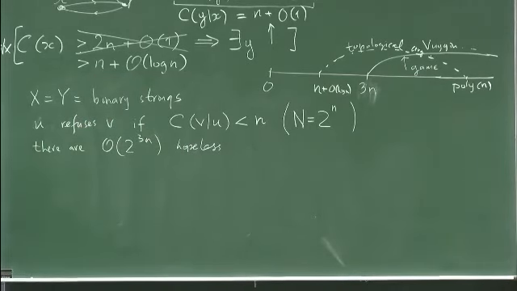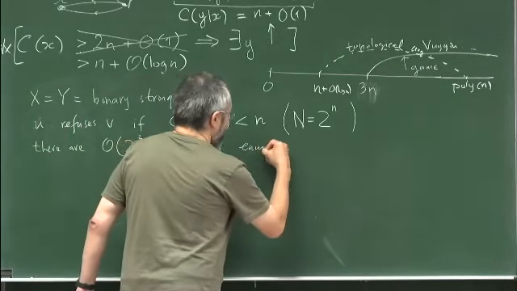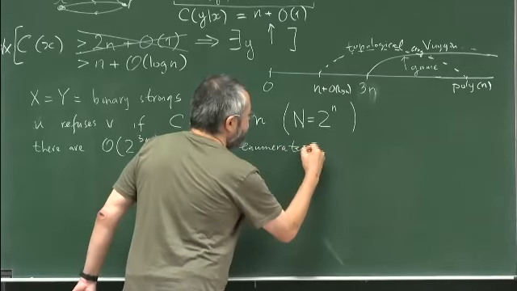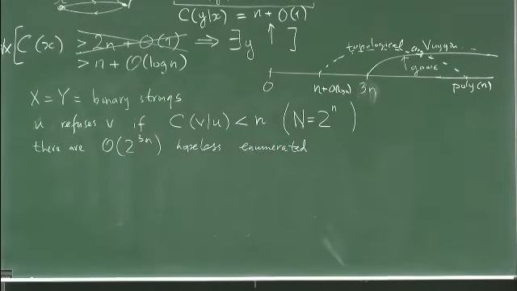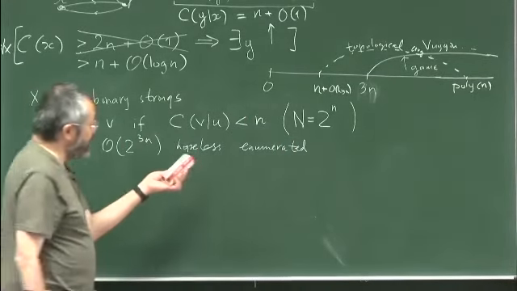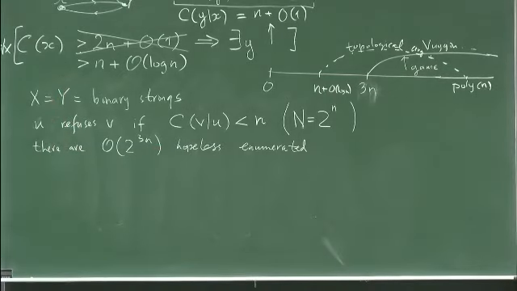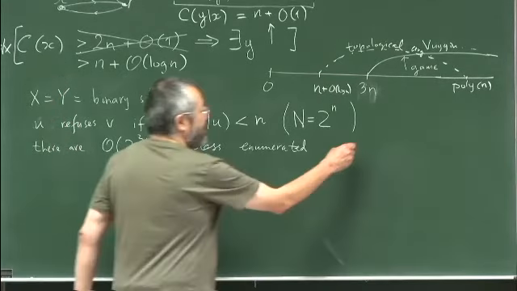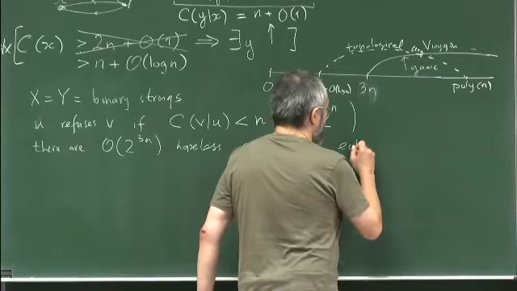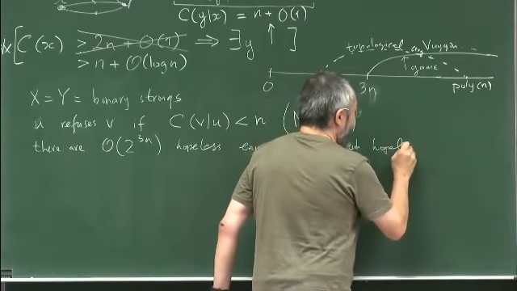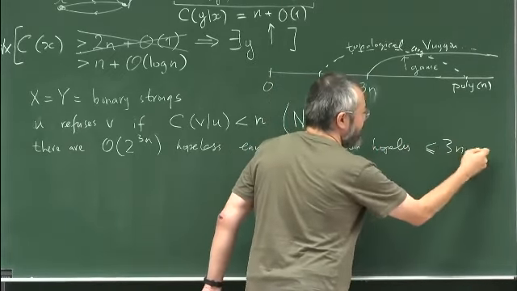And they are enumerated. In the process, they are declared as hopeless explicitly. So each of them can be described by the number in this list, so each hopeless has complexity less than 3n plus a constant.